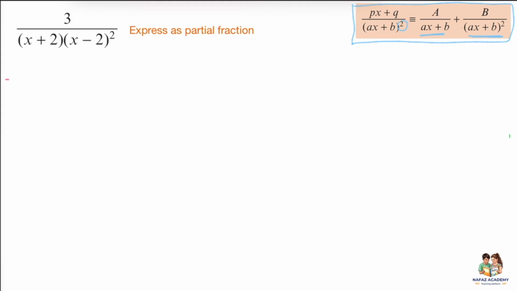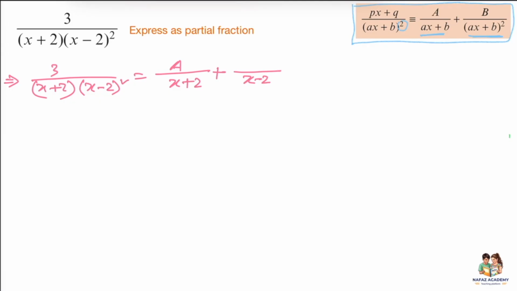So we have to write 3 over (x plus 2)(x minus 2) squared equals A over x plus 2 plus B over x minus 2 plus C over, always plus sign, (x minus 2) squared, right?